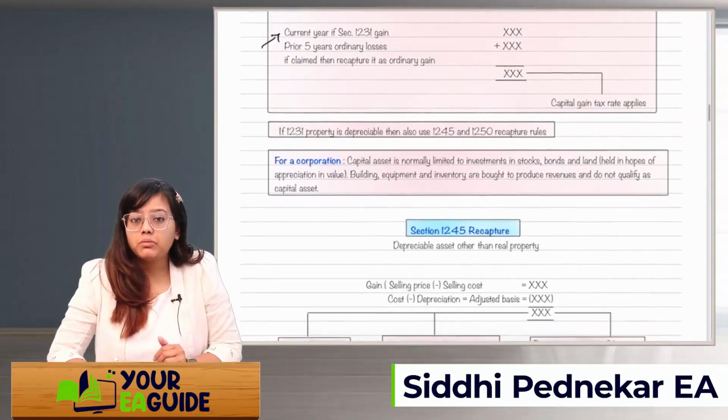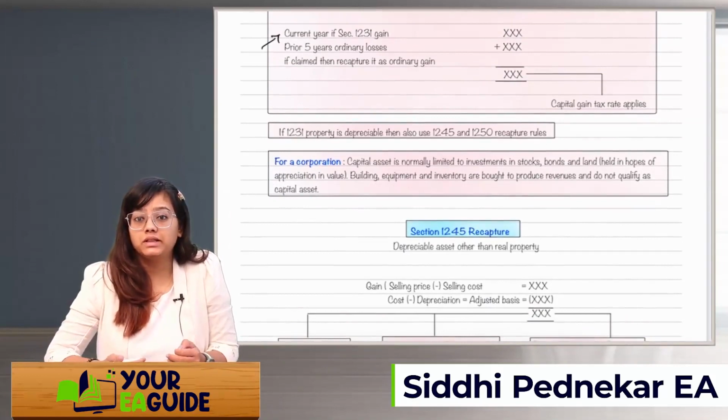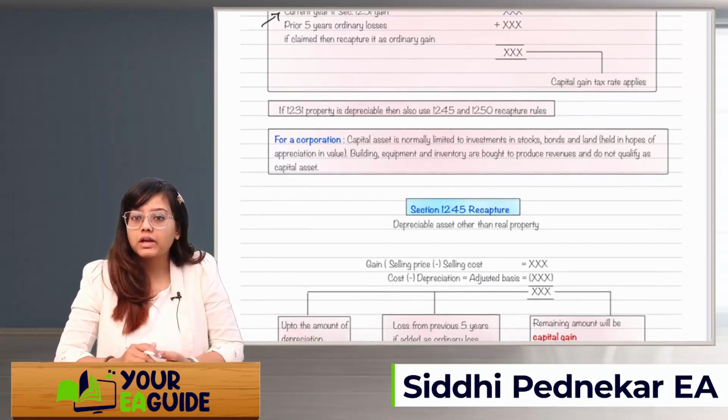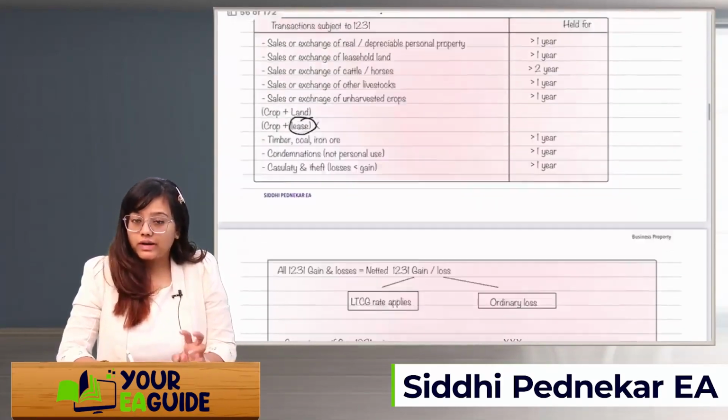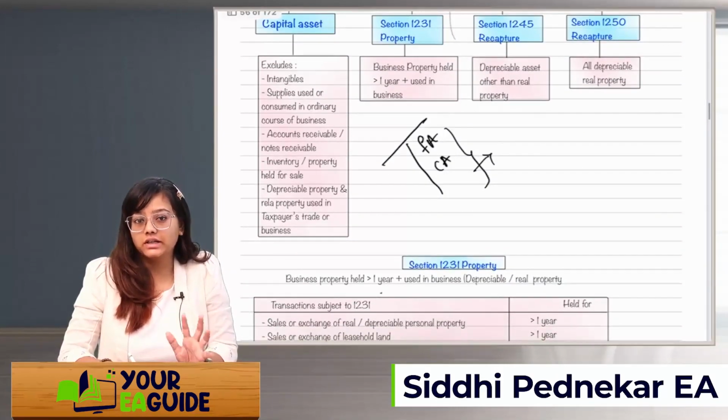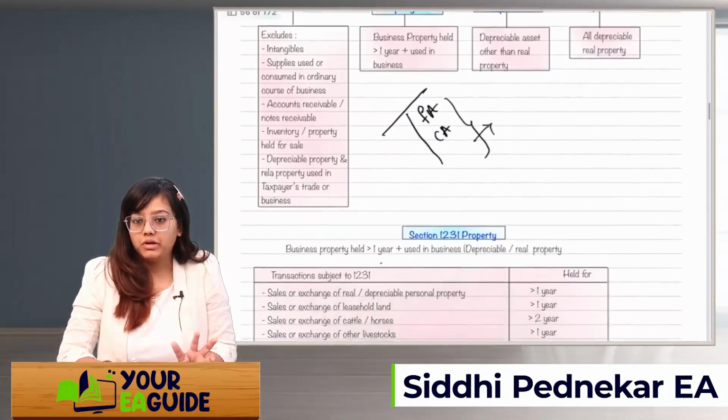Now if 1231 property is depreciable, then you have to use 1245 and 1250. 1231 is for other than depreciable properties, other than fixed assets, other than current assets.